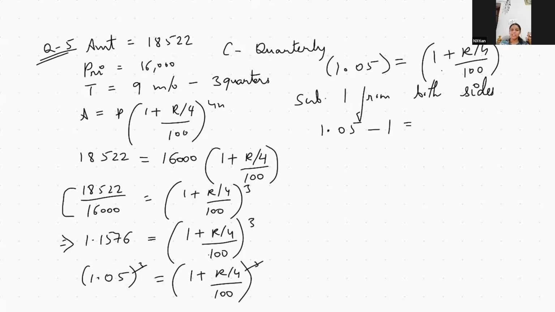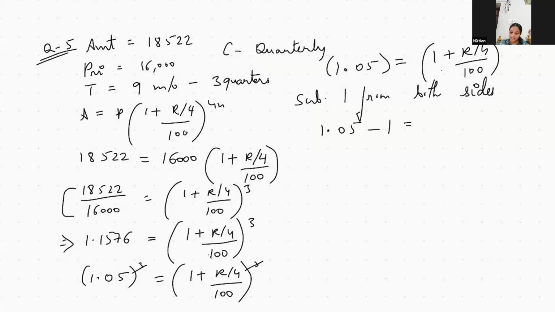Okay, Simeon, that way I also didn't understand one thing because you said both sides. So I thought it's R by 4 by 100 also minus 1. See, Simeon, this is just an alternate way of doing it. You can follow anything. If you subtract 1 from both sides, it will automatically cancel on this side.